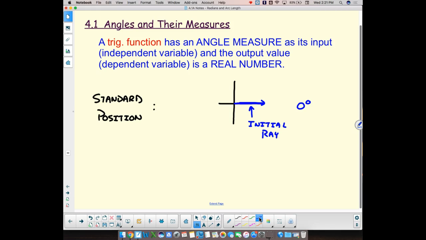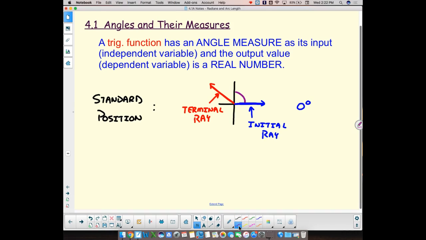Then, wherever my angle stops, this is called the terminal ray. And the angle that is formed here is theta. We measure theta from the initial ray to the terminal ray.